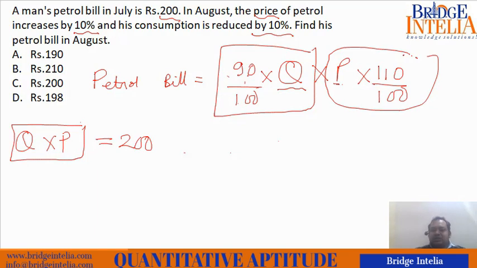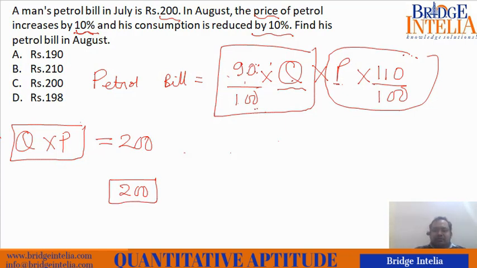Whereas the new petrol bill can be calculated in this manner: 90 by 100 into Q. Why 90 by 100? Because consumption has reduced by 10% and price has increased by 10%. That's why it got multiplied by this. So Q into P is equal to 200. So petrol bill was already 200.